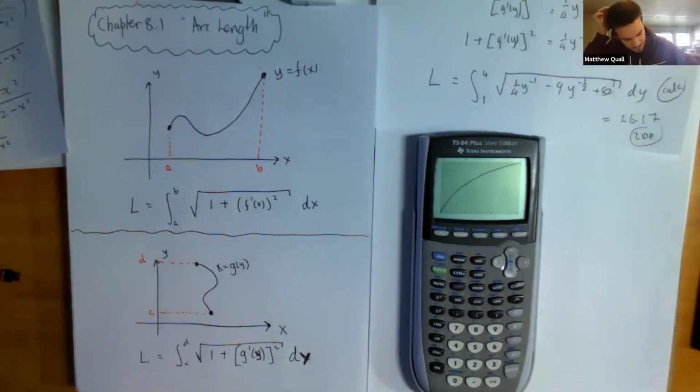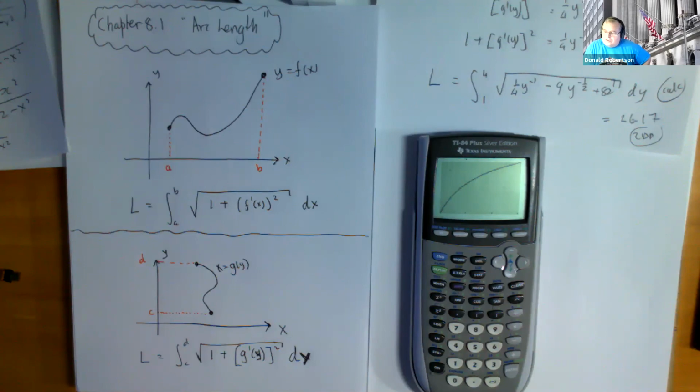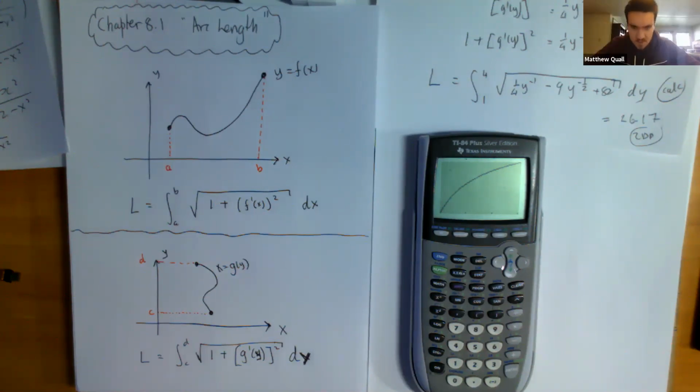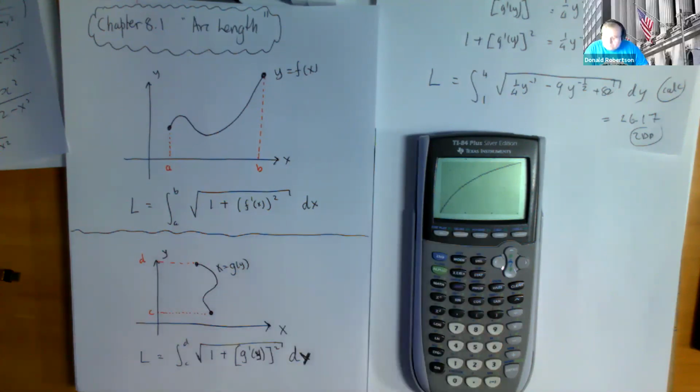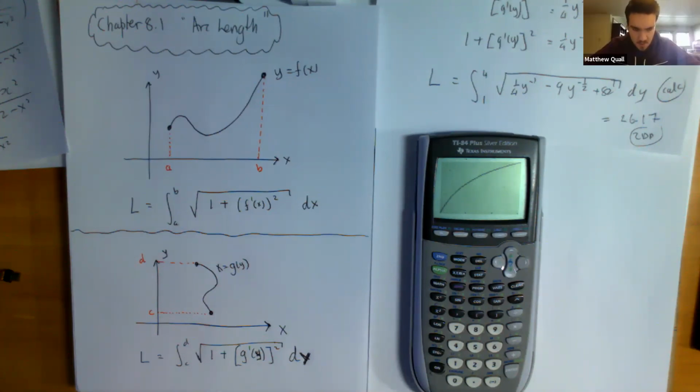Well, I click Z-box. Don't do Z-box. Do zoom 0. Hit the zoom button and 0. Oh, okay. That's what I was doing wrong.